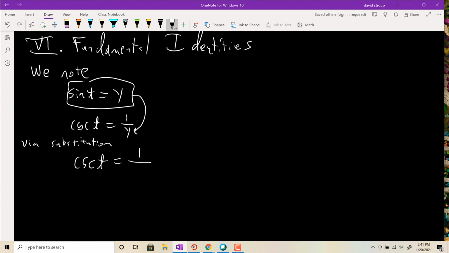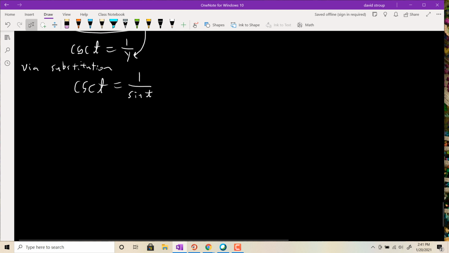We see that cosecant of t is 1 all over y, which is sine of t. So you could do that with all the trig functions, and we get this kind of reciprocal relation amongst these guys.